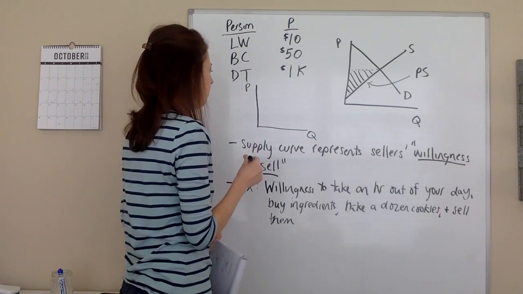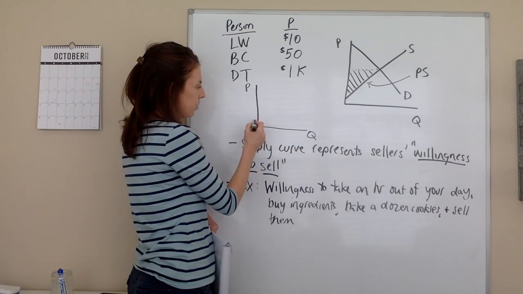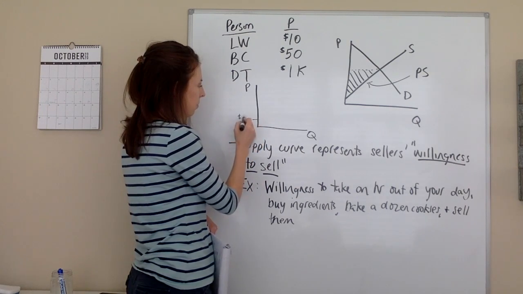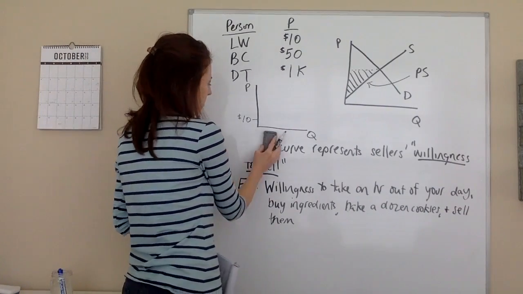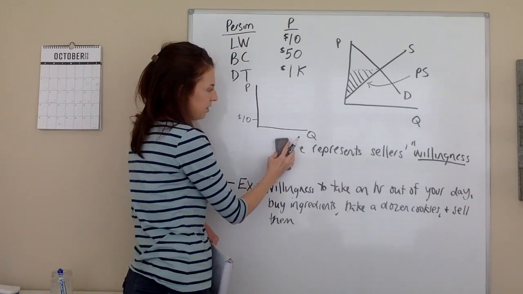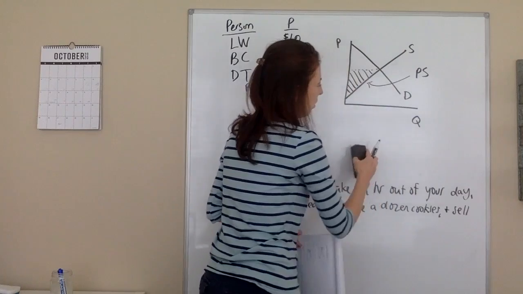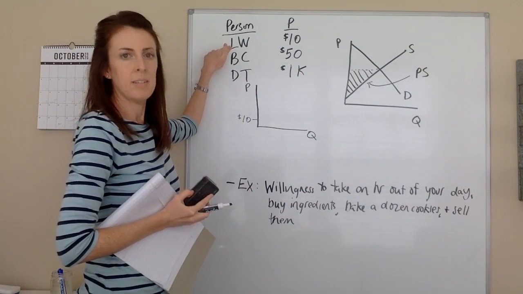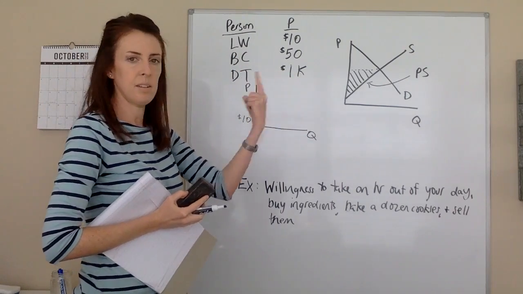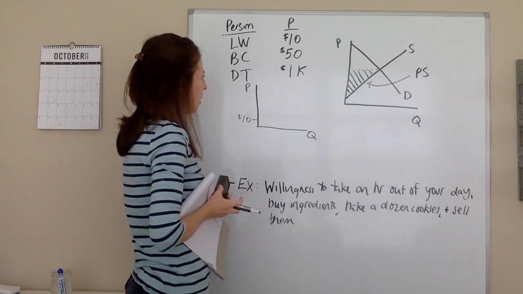Okay, so for example, suppose the price in the market for a dozen cookies was $10. Well, if that was the price for each dozen cookies, then how many cookies would be sold? Well, I would be willing to take an hour of my day and supply a dozen cookies. So we got 1 dozen contributed by me.